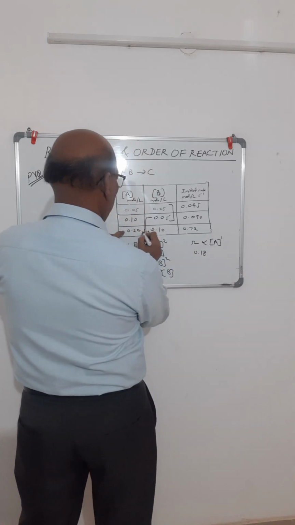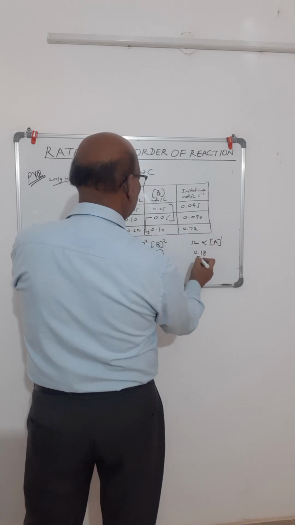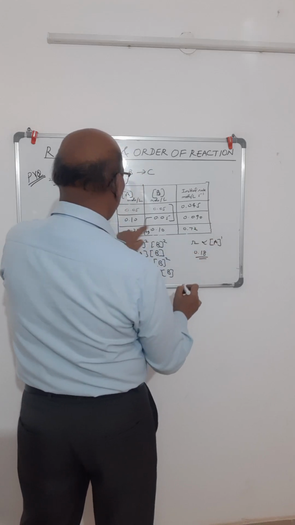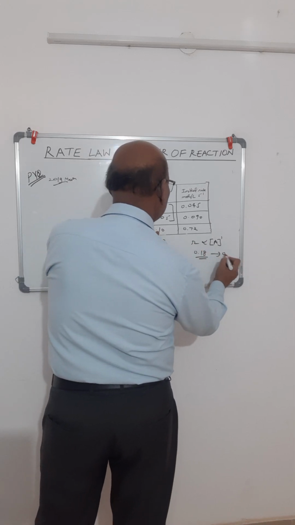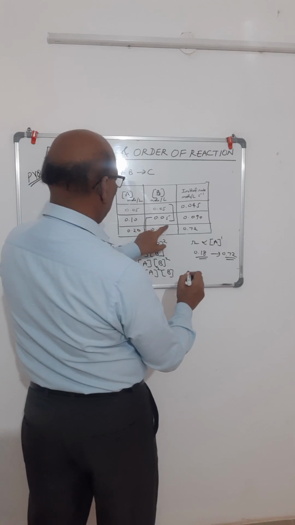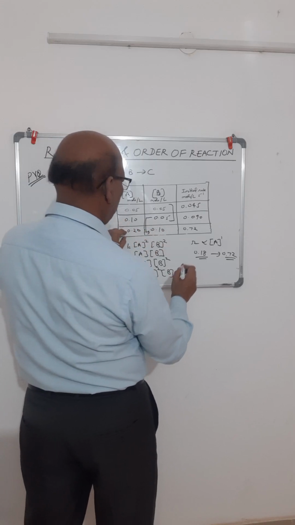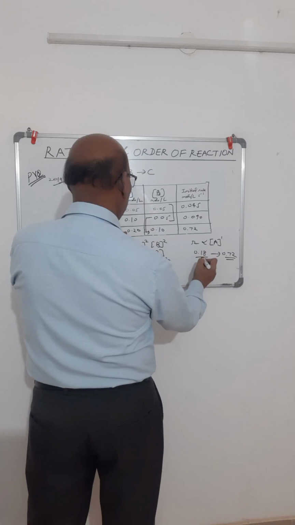It is due to A. Rate will become double, that is 0.09 into 2, that is 0.18. और B की भी डबल हो रही है, तो B की डबल होने से ये 0.18 से 0.72 हुआ. That is due to B only.